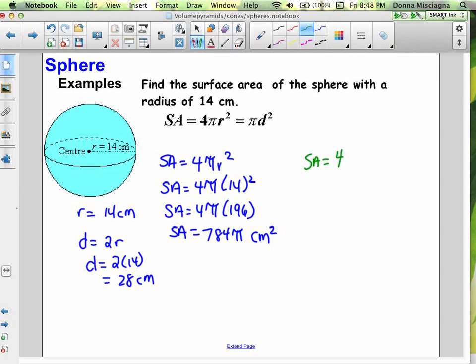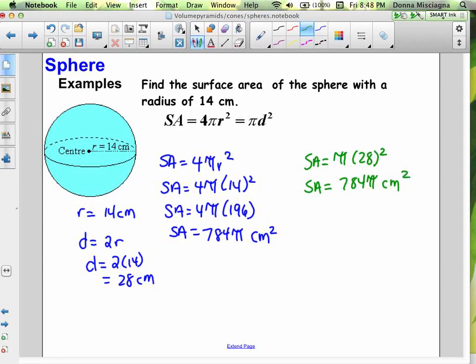So with the other formula, we're going to use pi times 28 squared. When we square 28, we should get 784, assuming that I didn't make any errors on the other side. And I do get 784. So that would be 784 pi centimeters squared.